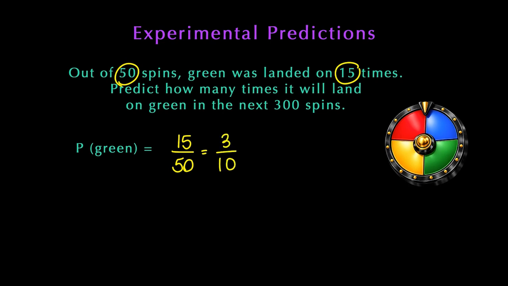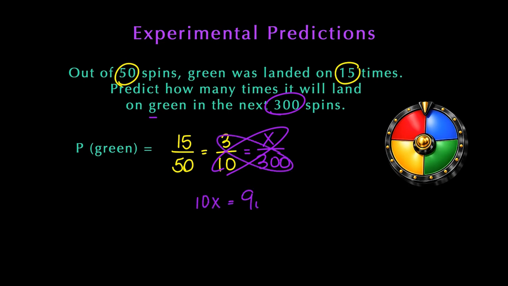So now I'm going to use my 3/10, and I'm going to set up my proportion based on what if I spun it 300 times. So now I'm going to put x over 300. X represents the number of times I land on green. Then I can cross multiply. So 10 times x equals 3 times 300.